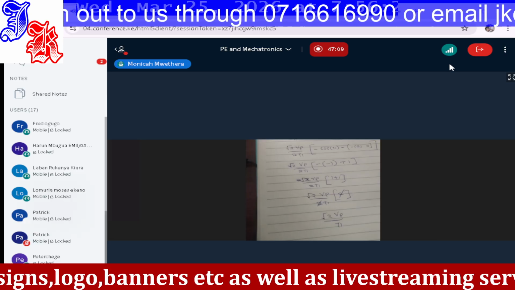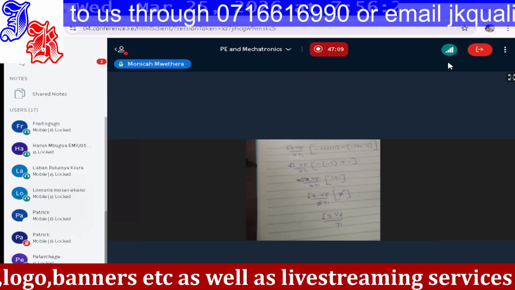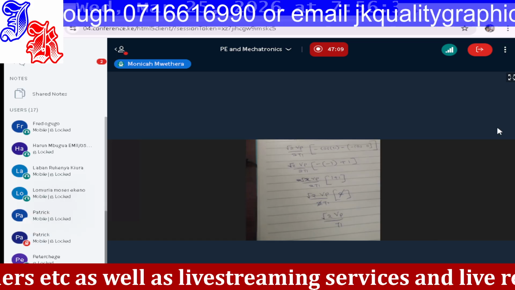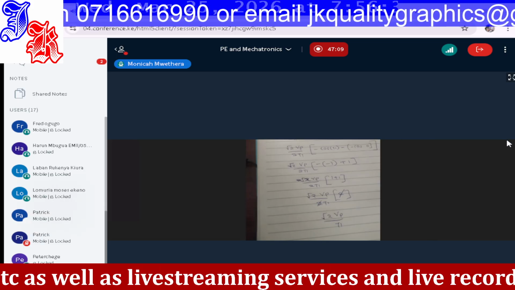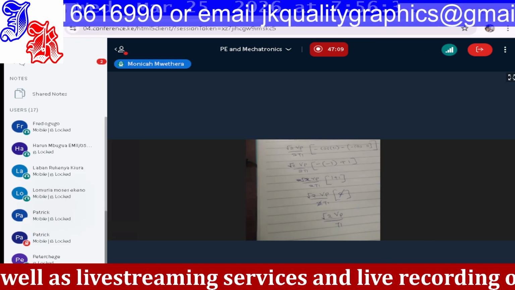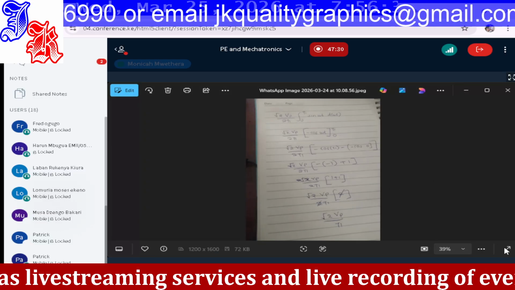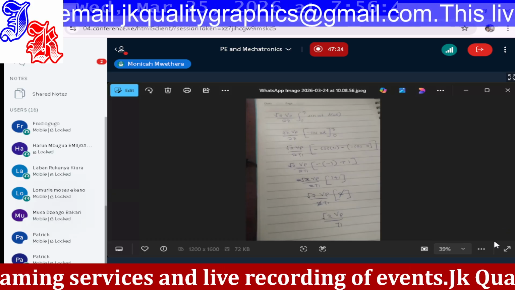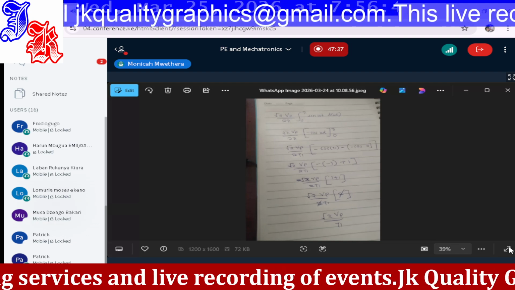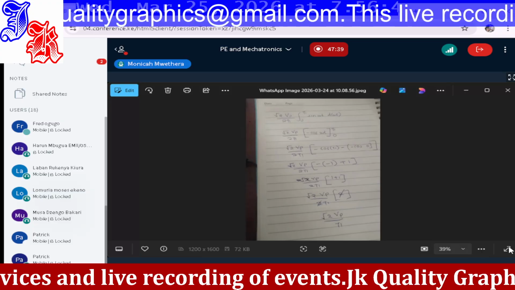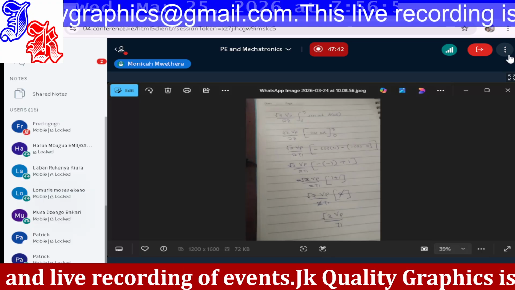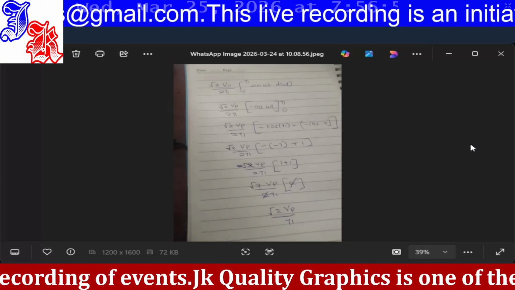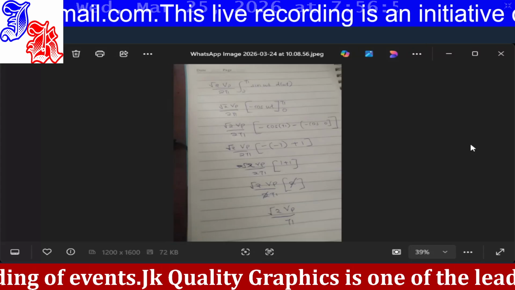If you integrate sine omega t, you have negative cos omega t in the range of pi to 0. Then you substitute the range from the highest, so it will be negative cos pi, then minus negative cos 0.